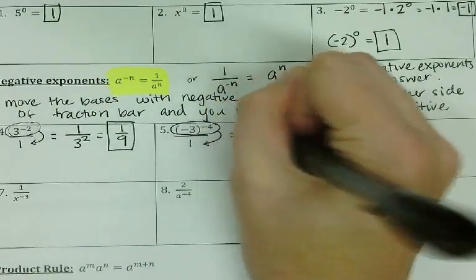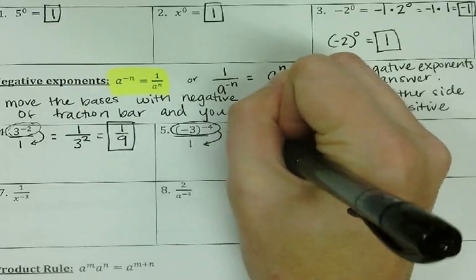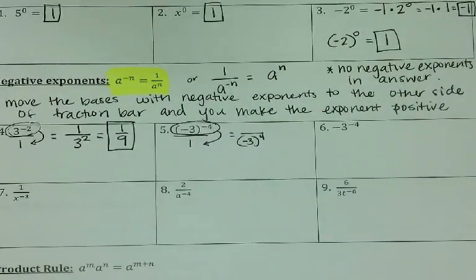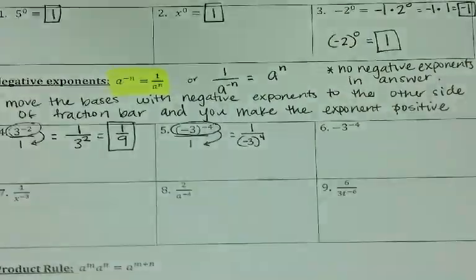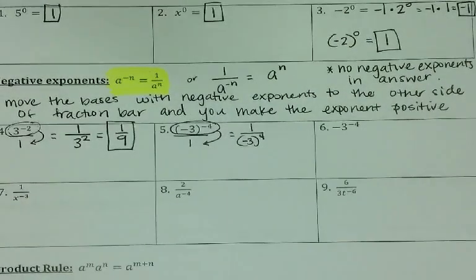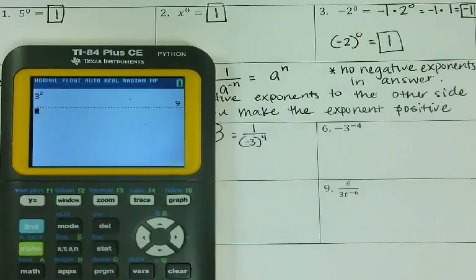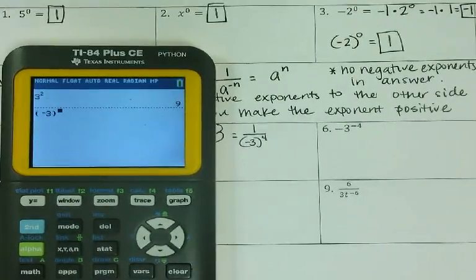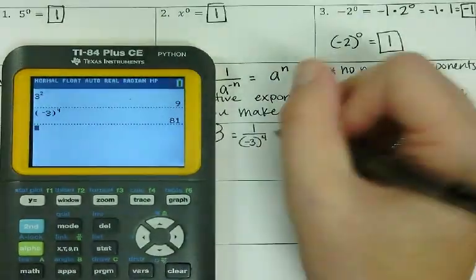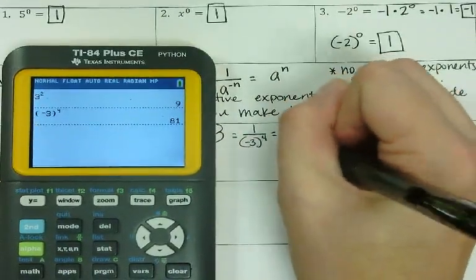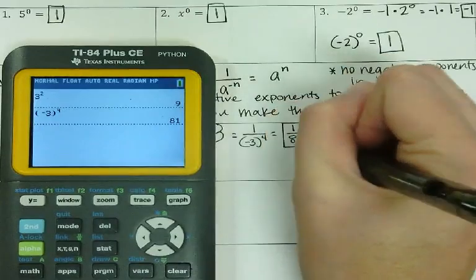So that becomes negative 3, but now instead of negative 4, it becomes a positive 4. It left nothing behind, so I'm going to put a little 1 there as a placeholder. And then we say that negative 3 to the 4th power is 81. So that becomes 1 over 81.